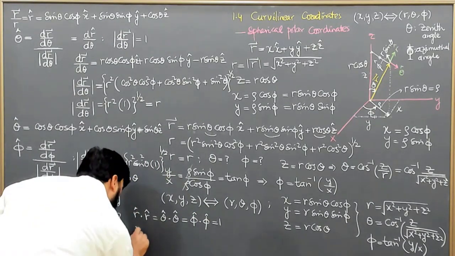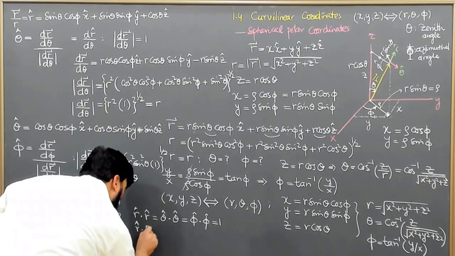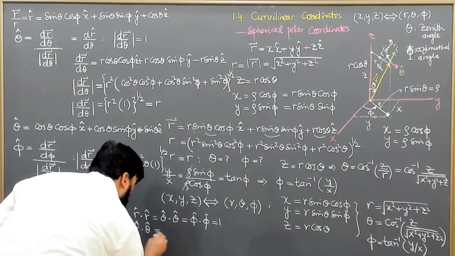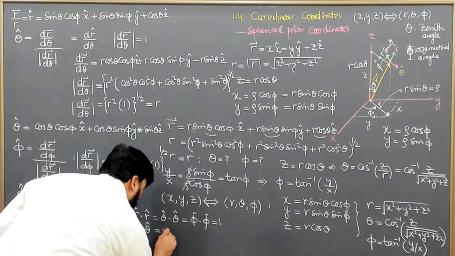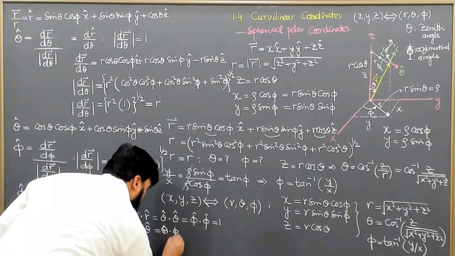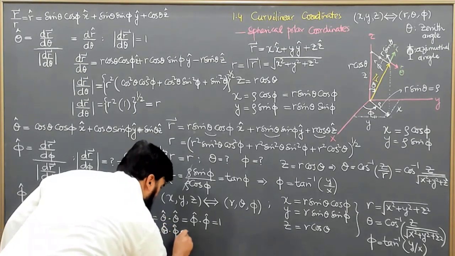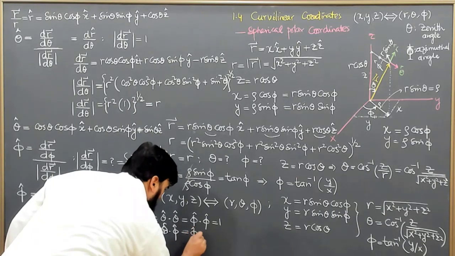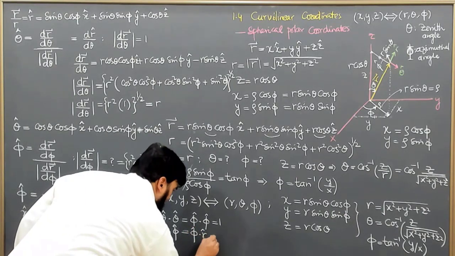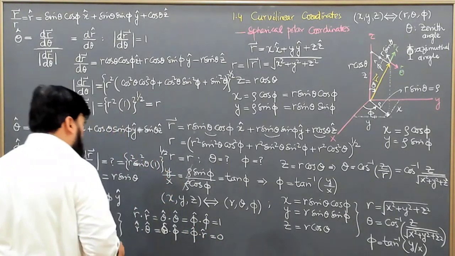And in the same sense, r dot theta is equal to theta dot phi, equals phi dot r, and they should be equal to 0.